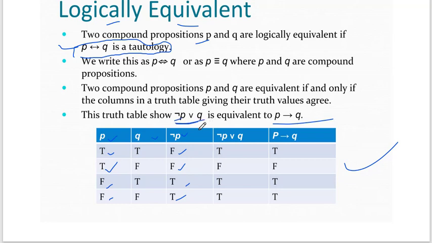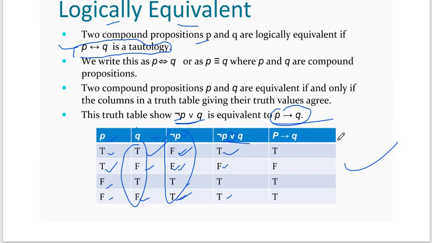Now the fourth column, negation P or Q. If either one of them is true, then it will become true because it is an OR condition. False false, then it will become false. True true, true.